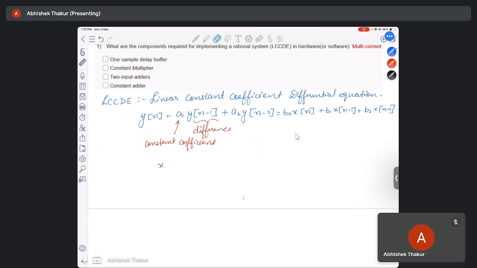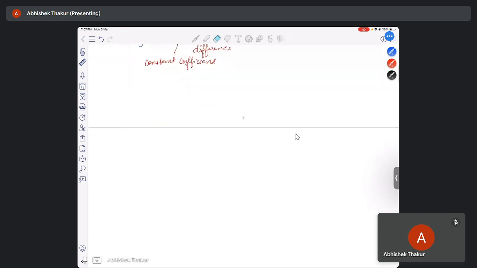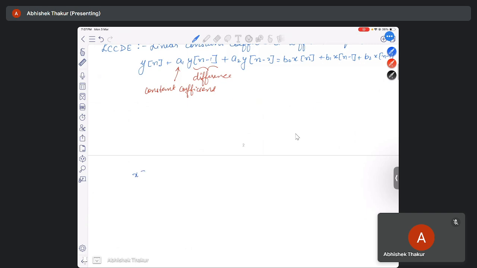We can implement it like this: this is our input x of n. The coefficient of x of n is b0, so this will be b0, and this is added with the difference term x of n minus 1. What is the coefficient of x of n minus 1? b1. So here we will get b1.